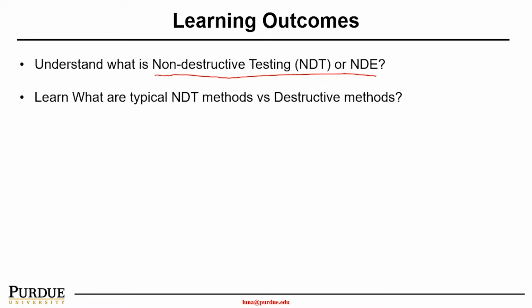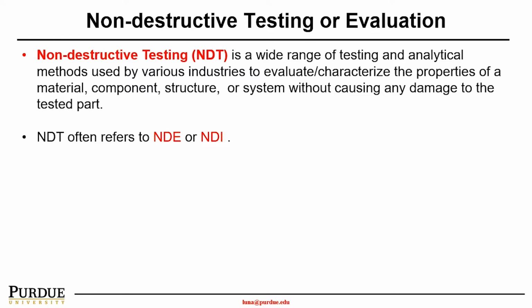So let's begin. First, let's take a look at the definition of the NDT methods. Recall from last class, we talked about NDT as a wide range of testing and analytical methods used by various industries, primarily civil engineering, structural engineering, nuclear engineering, aerospace engineering, material science, and the metallurgy industry.